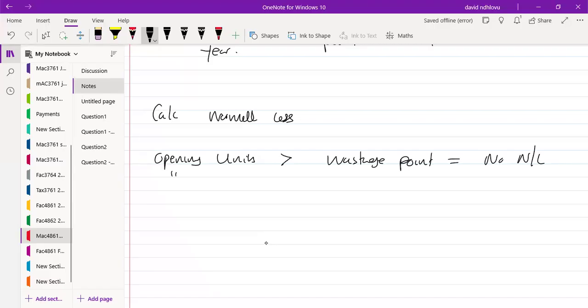Now, if the opening units are below the wastage point, then we calculate normal loss.